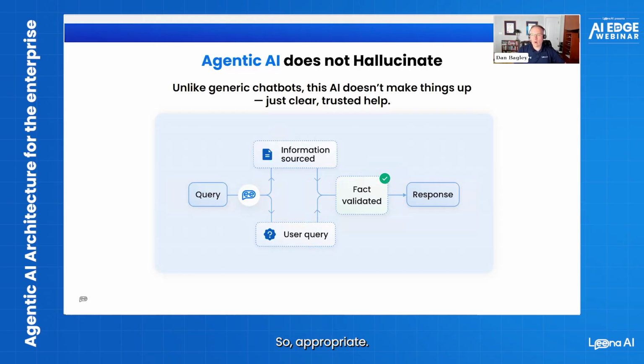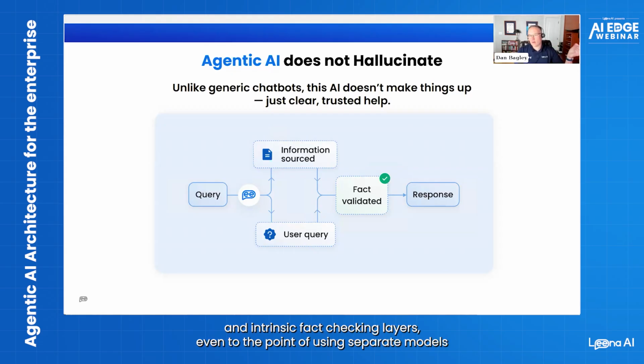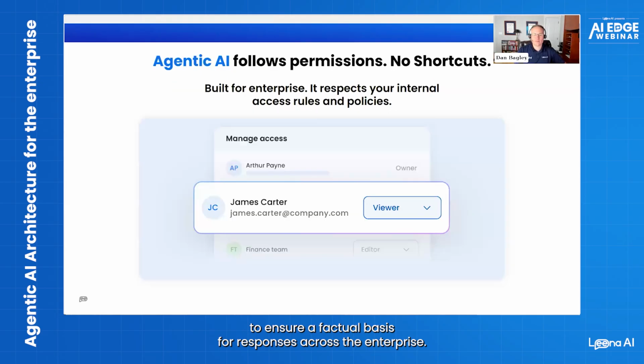So appropriate agentic AI uses multiple different sources and leverages built-in and intrinsic fact-checking layers, even to the point of using separate models from a pipeline perspective: one model to source the answer, a second model to summarize the answer, and a third model to fact-check the answer. Those types of pipelines are really important in order to ensure a factual basis for responses across the enterprise.